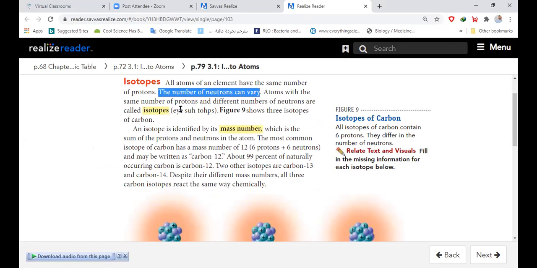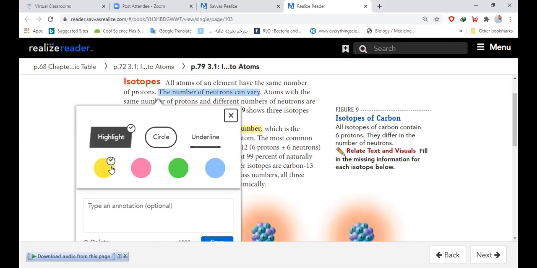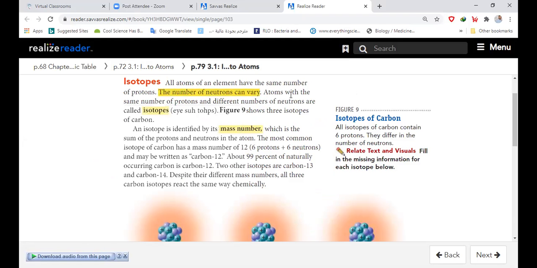You may see the same element with a different number of neutrons. Like we said, carbon-12, carbon-13, and carbon-14.